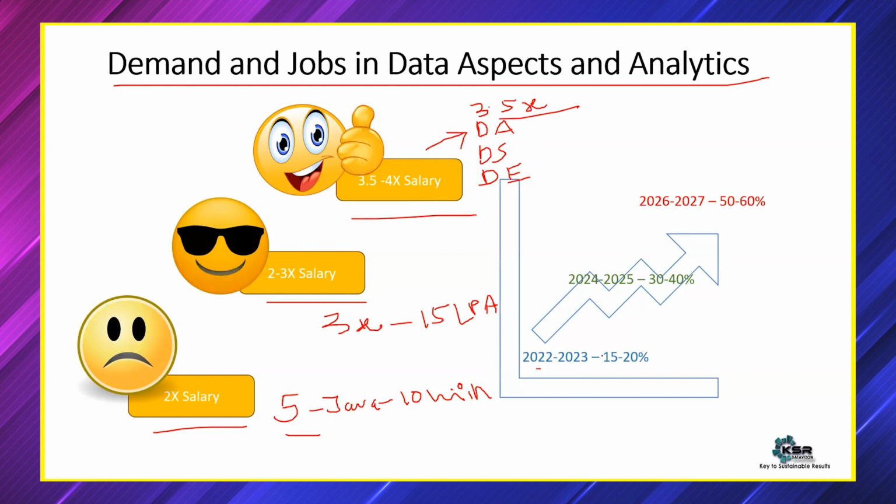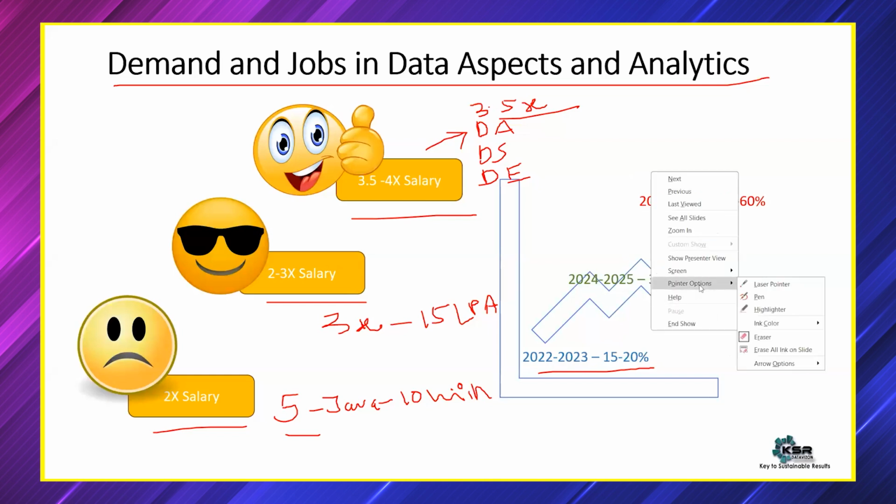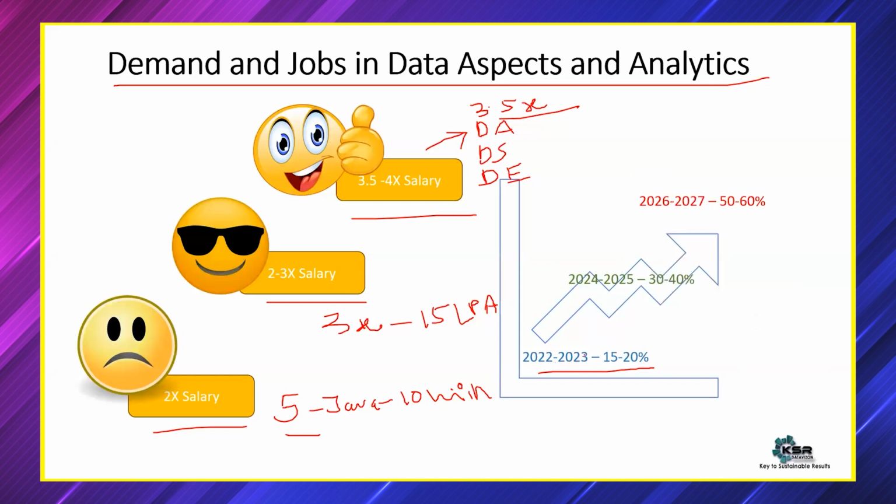Now in 2022, the market saw around 15 to 20% growth. We have now moved out of 2023; we are at the end of 2023. There was a recession, a downtime, and people were removed from jobs, because this industry is certainly volatile.